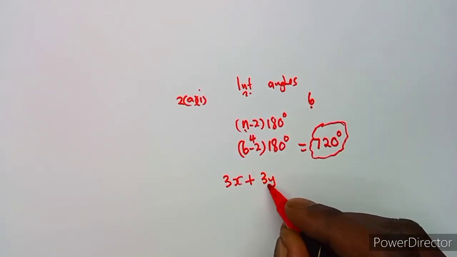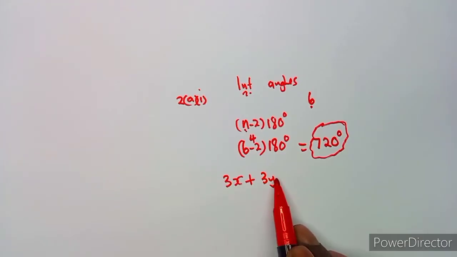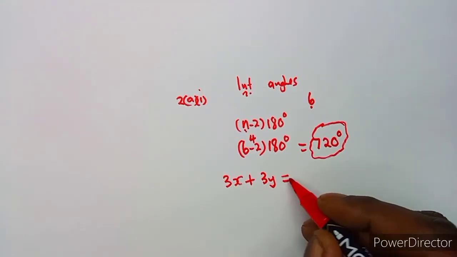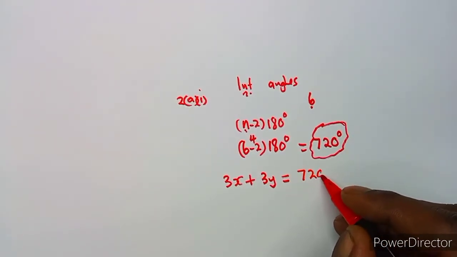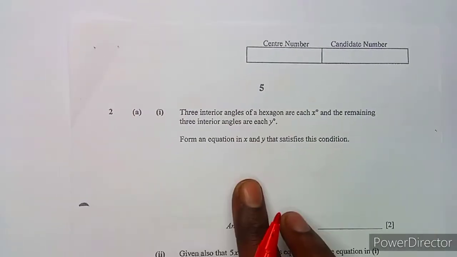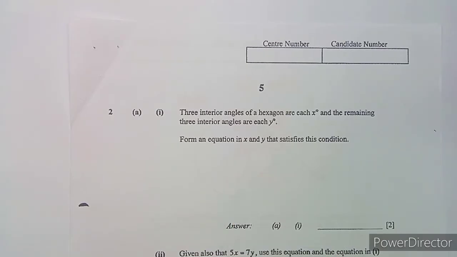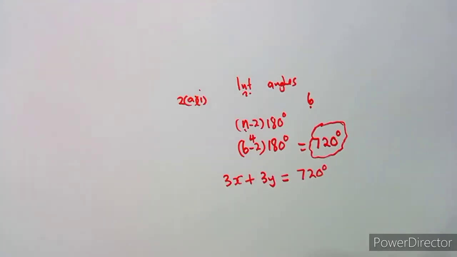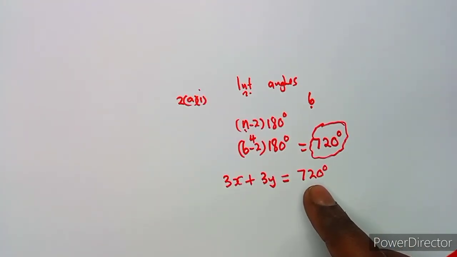All the angles combined, 3 plus 3 to make 6, should give us what? 720 degrees. Take note, these are interior angles, not exterior. If it was exterior, you would equate to 360 degrees, because we know that exterior angles of any polygon add up to 360. But these are interior angles, so you equate to the sum for that polygon.